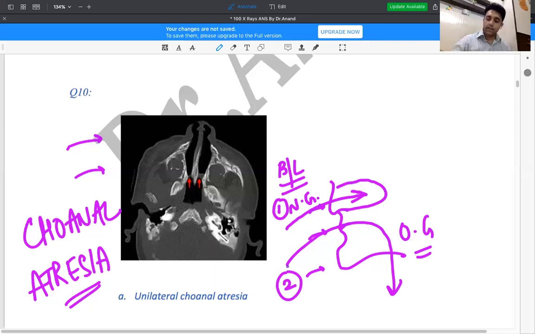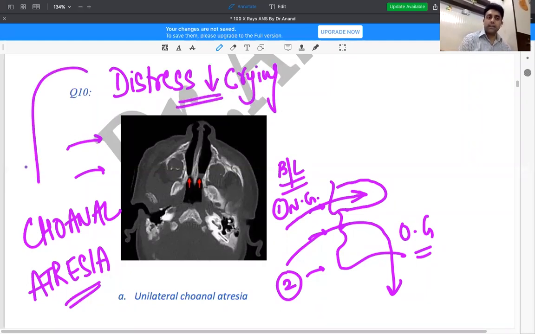One more question was there, a very important question. A newborn baby having distress, but his distress decreases on crying. Very important. Again the answer is choanal atresia. I'll repeat again: a newborn baby who is having distress, but his distress decreases on crying.